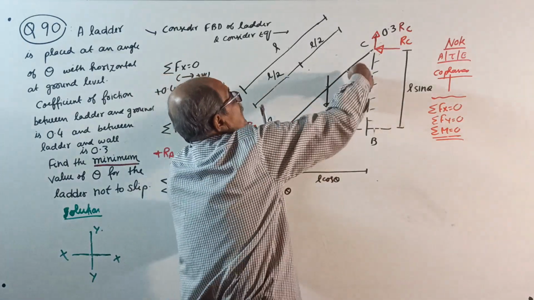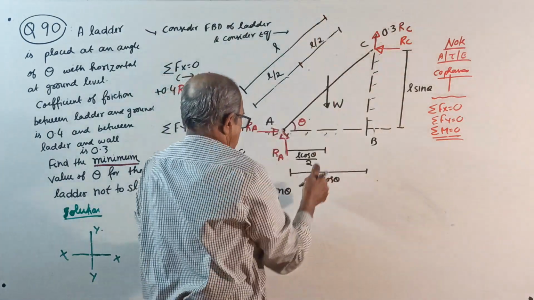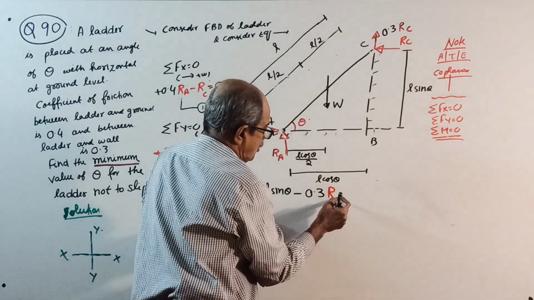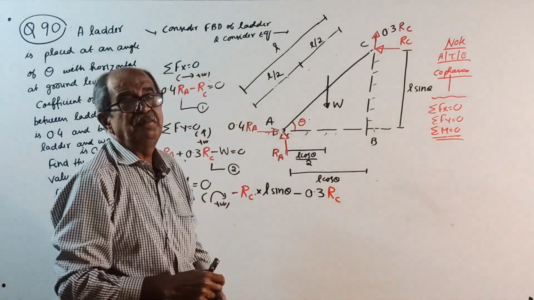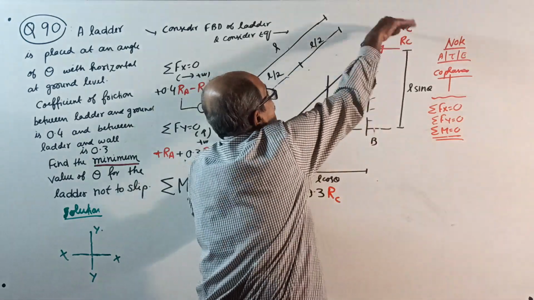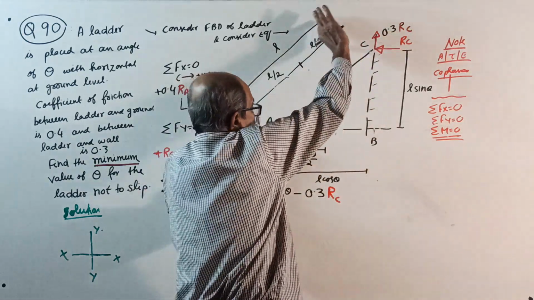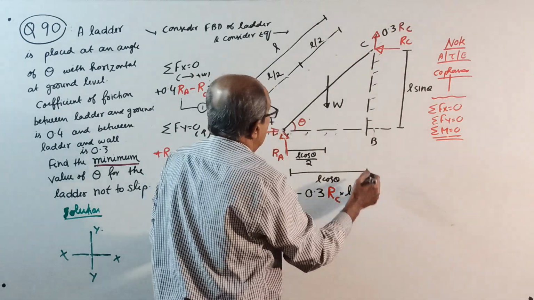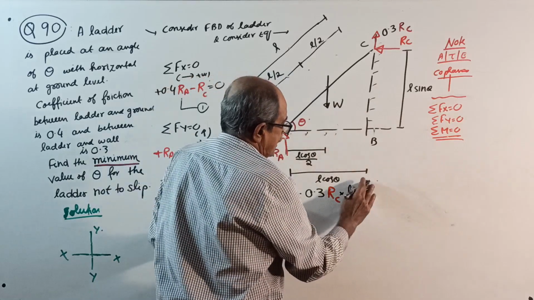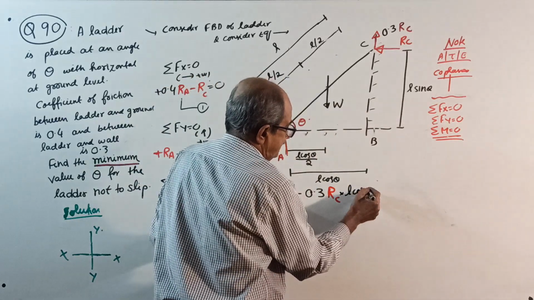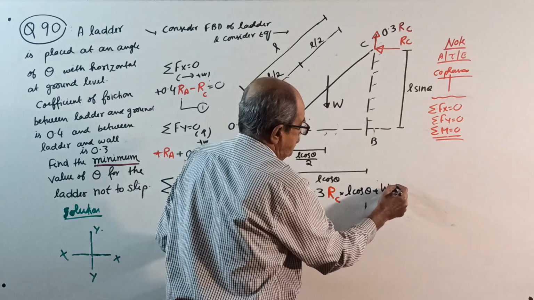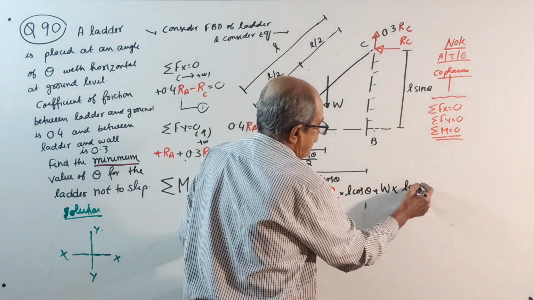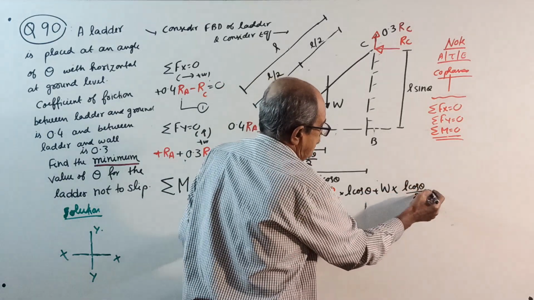Then once again, anti-clockwise, minus 0.3 RC. Slowly I am solving. Next time don't expect me to solve this way. 0.3 RC into L cos theta, plus W into L cos theta by 2 equal to 0.